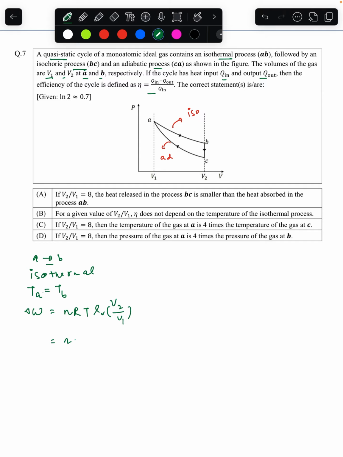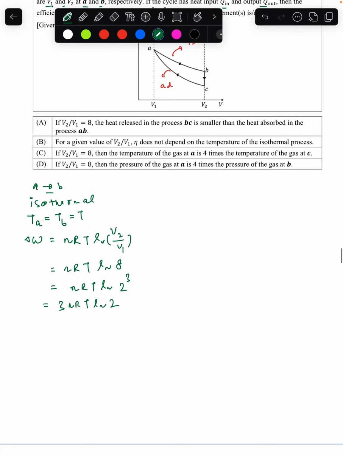With TA equal to TB equal to T, and V2 by V1 equal to 8, this becomes nRT ln of 2 cube, so 3 nRT ln 2. Considering ln 2 to be approximately 0.693, we take 0.7, so this is 3 nRT into 0.7, which becomes 2.1 nRT. This is delta W, which is equal to delta Q.